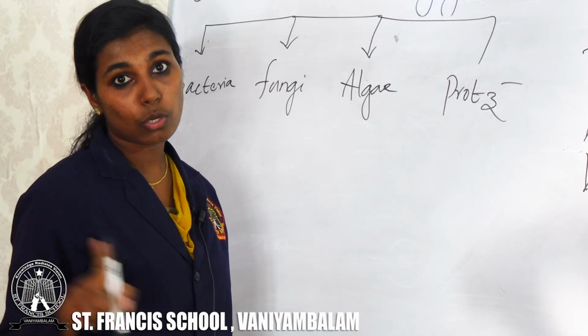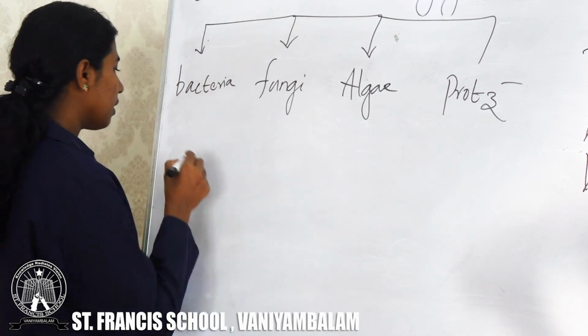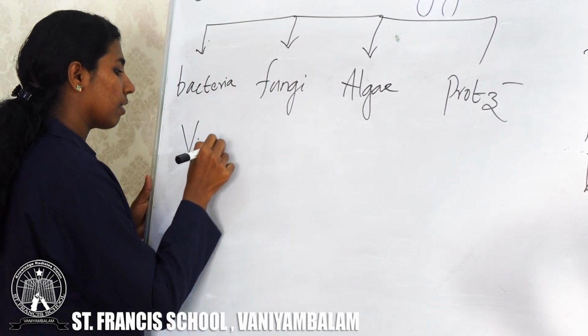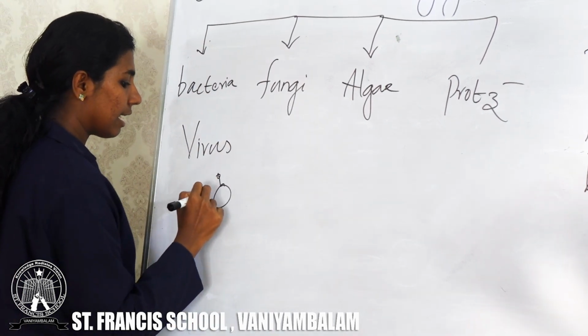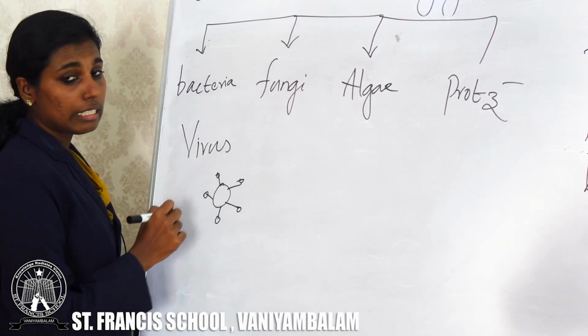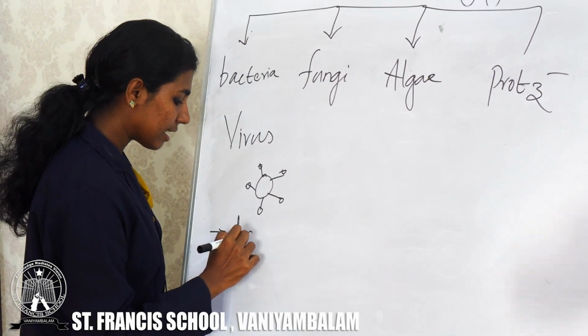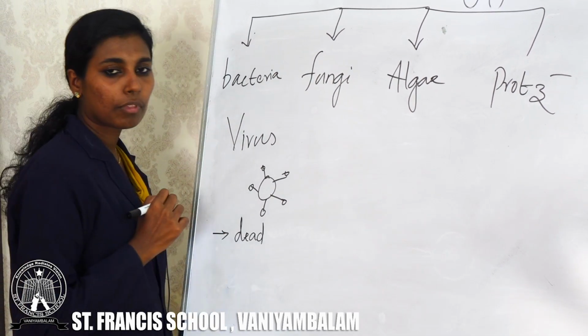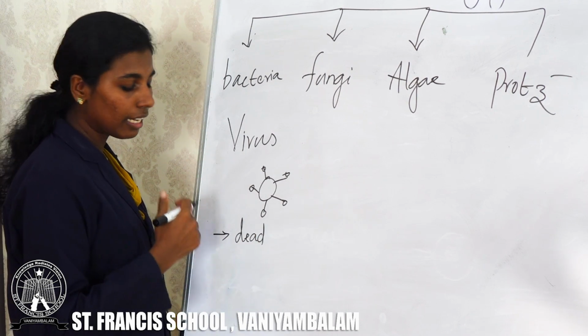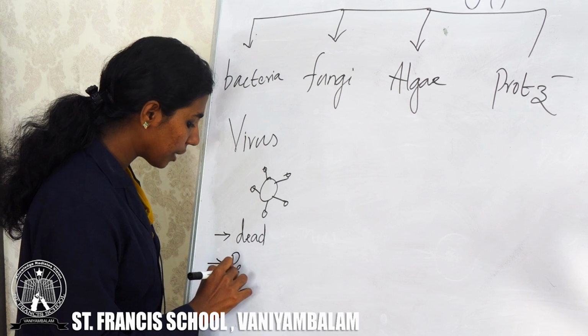Virus is also a microorganism, but it has some specialities. Suppose this is a virus. This is outside the cell. Outside a host cell, the virus is just like a dead cell. It can't reproduce.